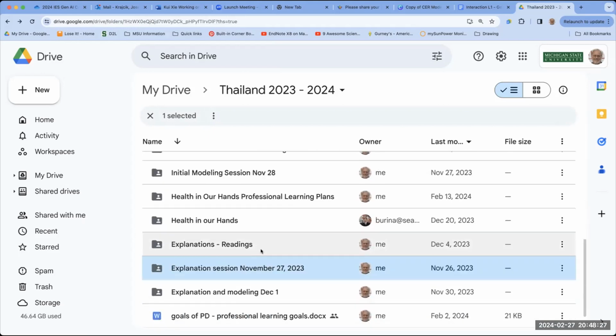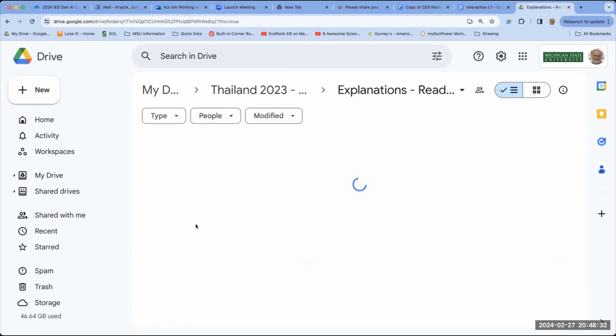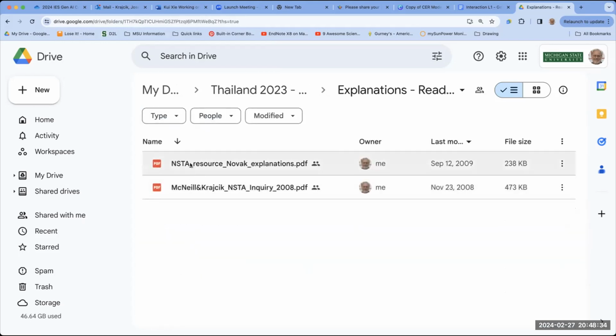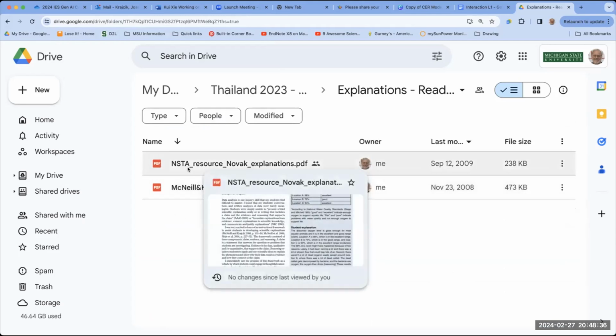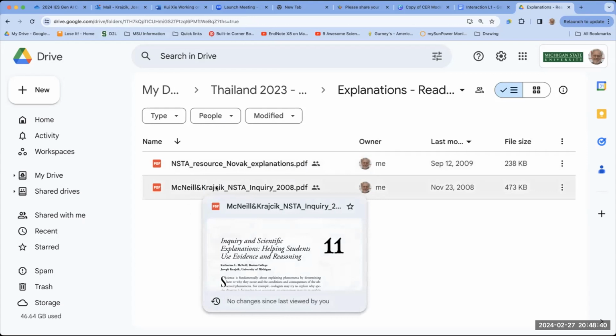I'm sure if I go look at the explanations, oh, here's explanation readings. Both of these articles, the NSTA resource, Novak and McNeill, Krajcik, NSTA, will have the analytic rubrics in them and talk about how to use them.